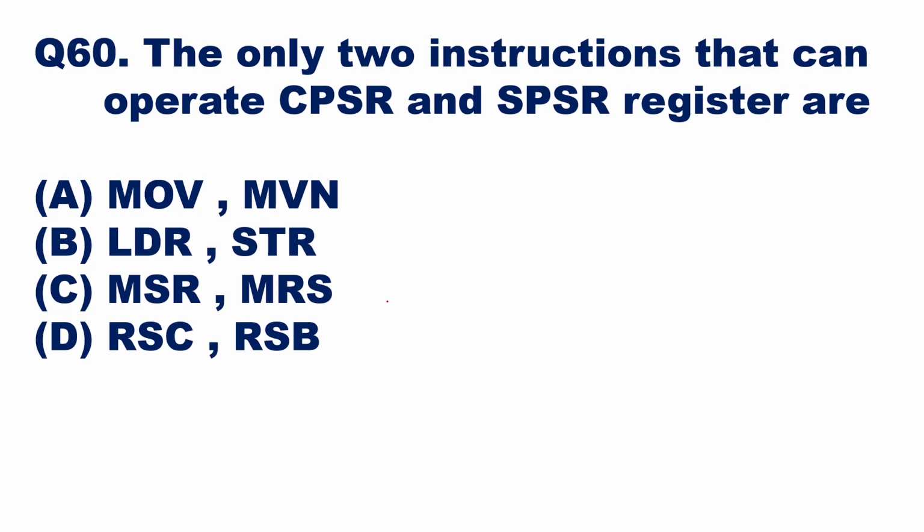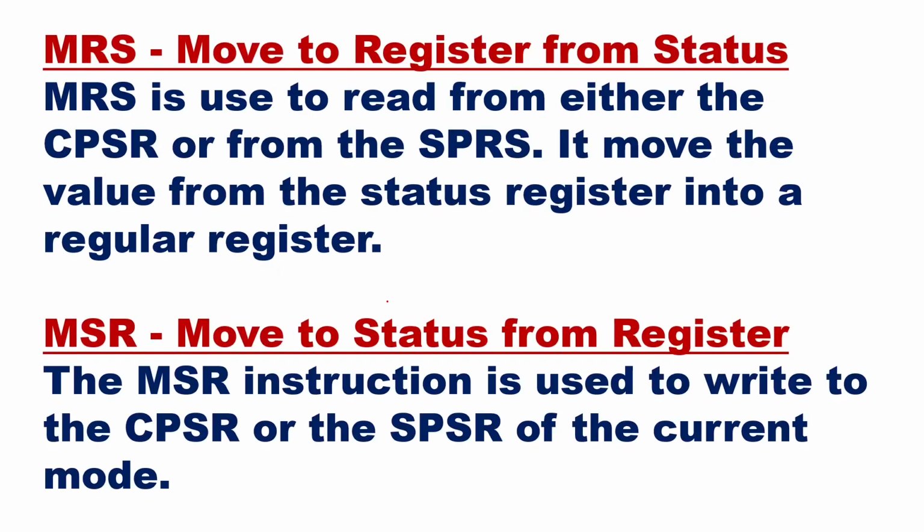So if you want to operate with CPSR and SPSR, that is program status registers, then the instructions used in ARM are MSR and MRS. So option C is the right answer here, MSR and MRS. Here you can see MRS is the instruction used to move data from status to register, and MSR is the one which moves data from register to status. Okay, so if you want to move from status to register, then it is MRS. If you want to move from register to status, then it is MSR.